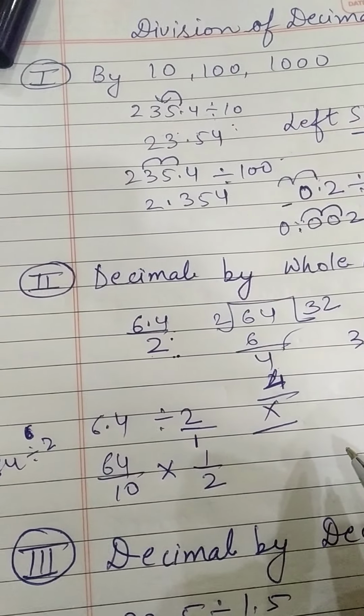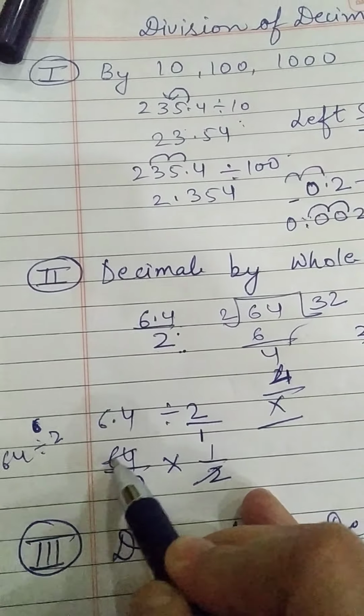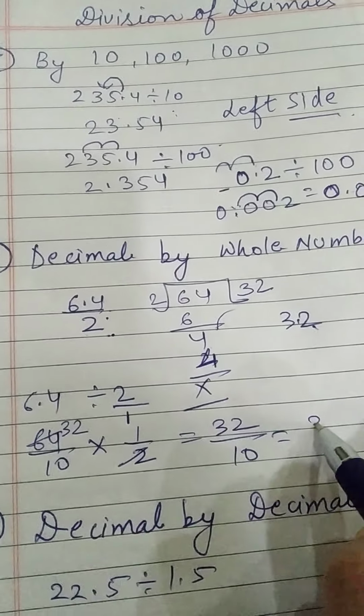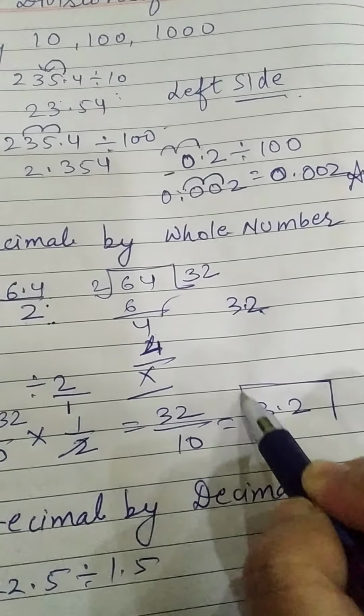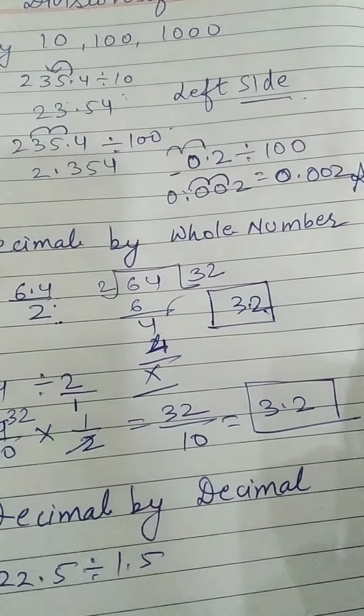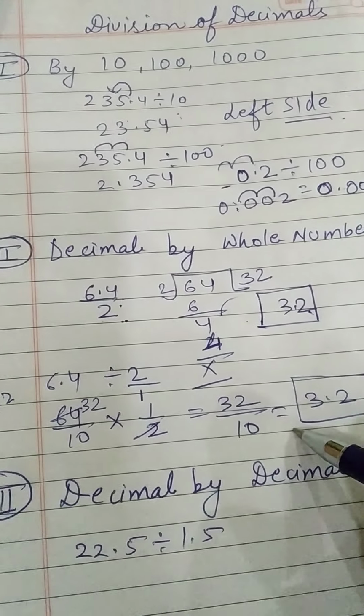So it will be 64 by 10 multiplied by 1 by 2. Again, you will cut it, 32 by 10, which will give us 3.2. So you can see the answer in both cases is the same, 3.2. So you can use this method also.